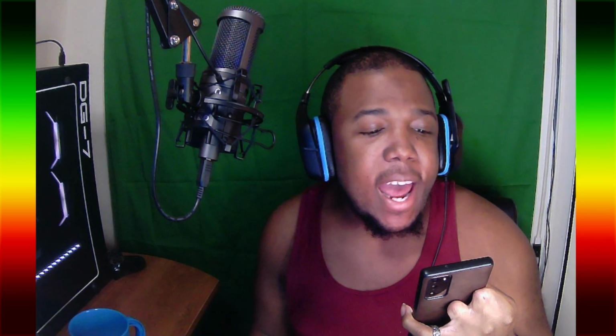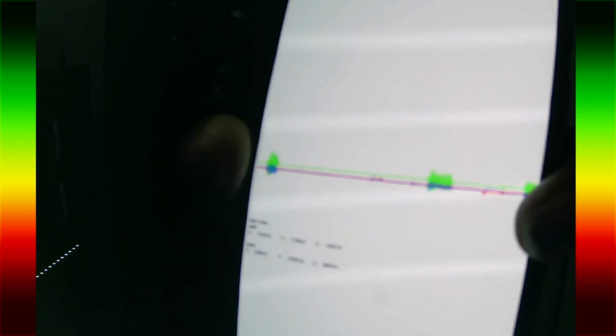So if my phone is in my pocket, again, as I say, and I'm jumping like this, so the phone is in my pocket and I'm moving like that, look at the graph right there. The green graph measures the y-axis. Y-axis is up and down, pretty much. So I'm jumping. I'm having a party.